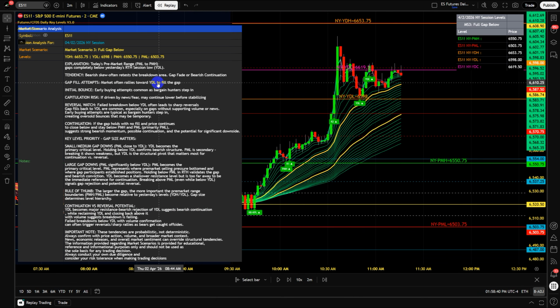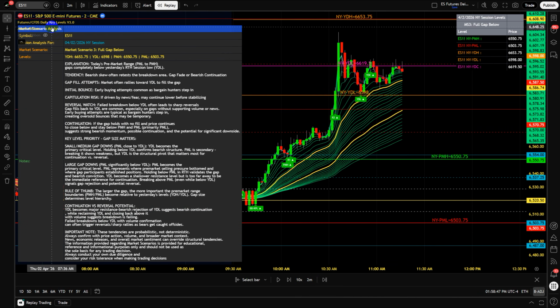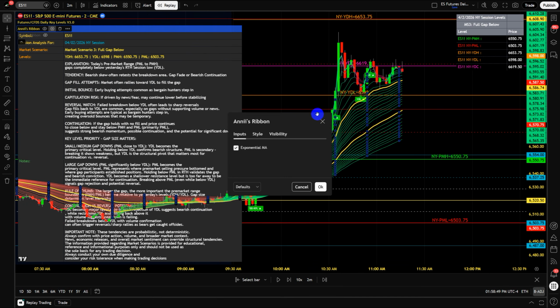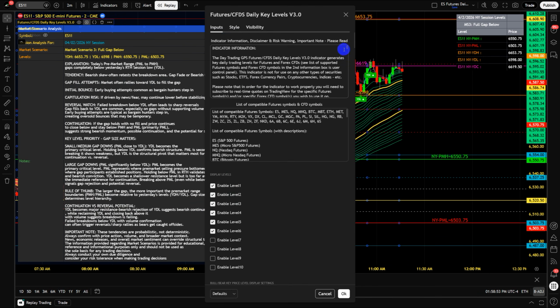Market often rallies towards YDL to fill the gap. So there's a lot of other information here, but that's one of the main things out of this, that particular tendency.